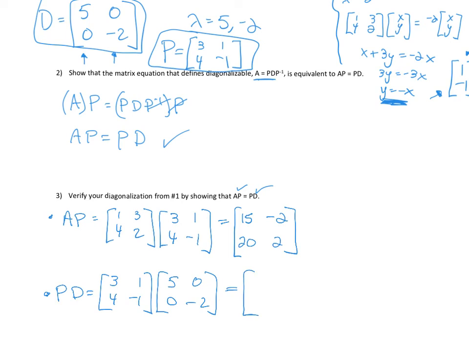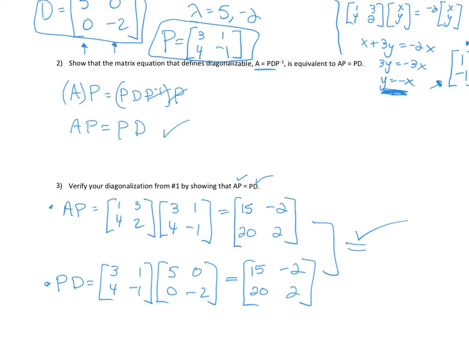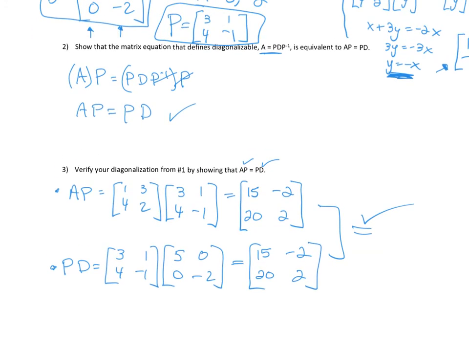Multiply these two matrices, so I get 15 plus 0. 3 times 0 minus 2. And then 4 times 5 minus 1 times 0 is 20. And 4 times 0 plus -1 times -2 is 2. Okay, these are equal. Check. I diagonalized correctly.